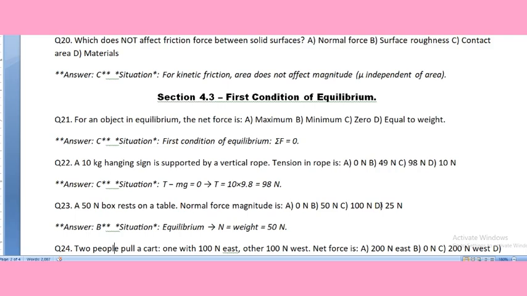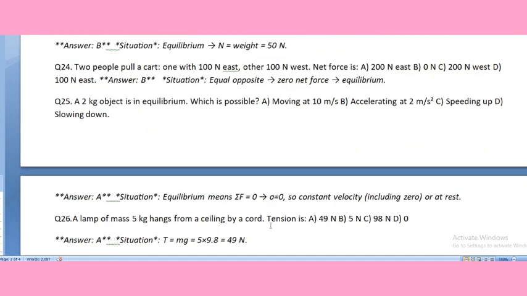From the given, we have an object resting on a surface, and we are comparing the normal force. In equilibrium, the normal force pushes upward and the weight acts downward. So the normal force is equal to the weight, which is 50 Newton. So the correct answer is B.